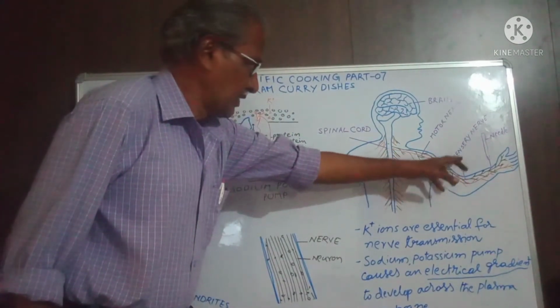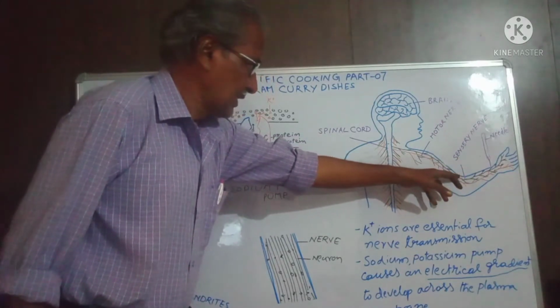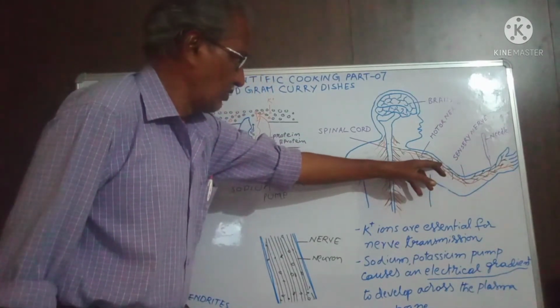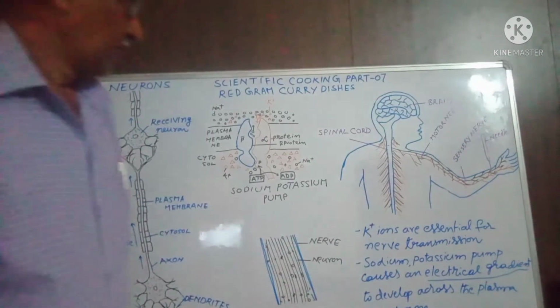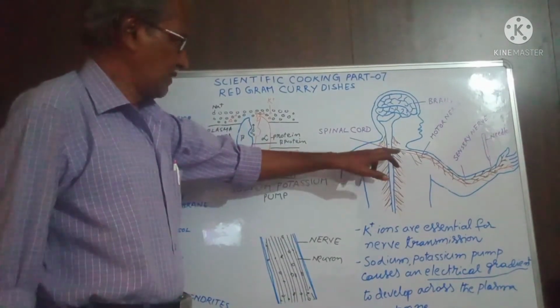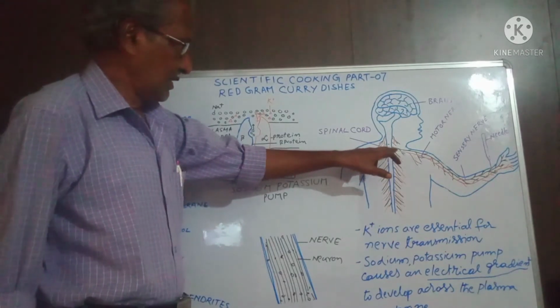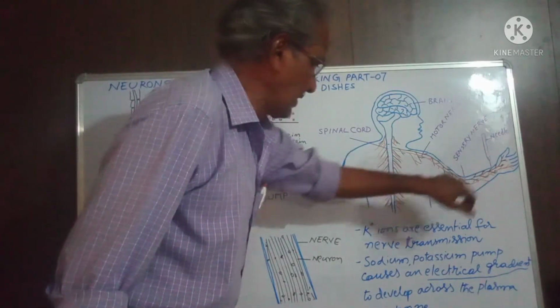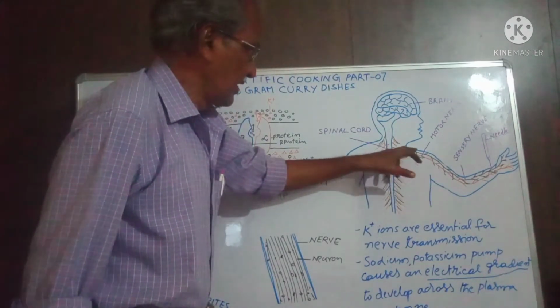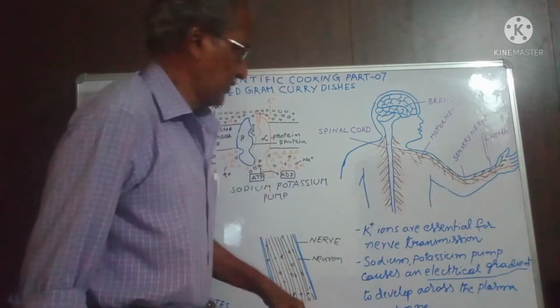These sensory nerves receive the impulses and carry those impulses to the spinal cord. Reflexes from the spinal cord reach the muscles of the hand by the motor nerves.